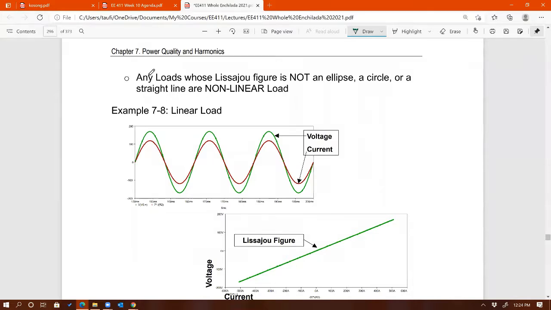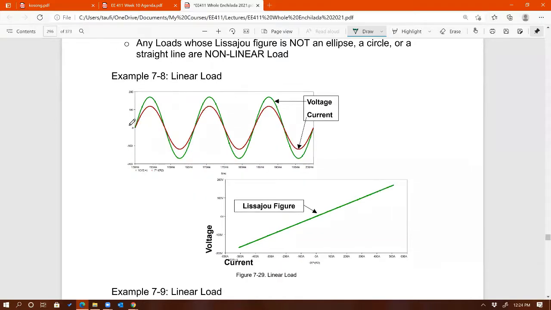There's another definition of a nonlinear load. A nonlinear load is any load whose Lissajous figure is not an ellipse, nor a circle, nor a straight line. Let's say this is the voltage across the load, and here's the current through the load. Both are sine waves, so we don't expect to see harmonics, meaning this is a linear load.